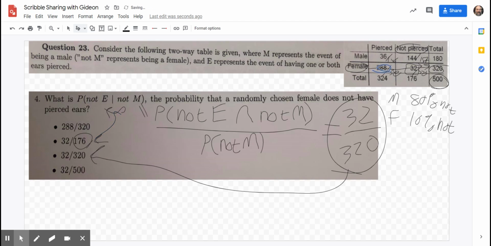That's the chance that a female, we're still given 320, so we're given a female, is pierced. So that's losing a not, not an extra not, but losing a not. If that was gone, then that first option would be the answer.